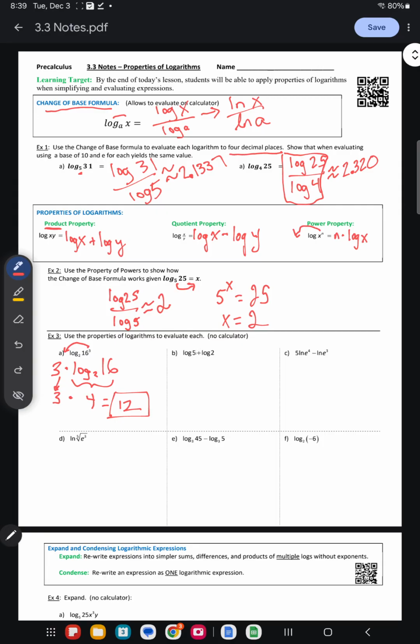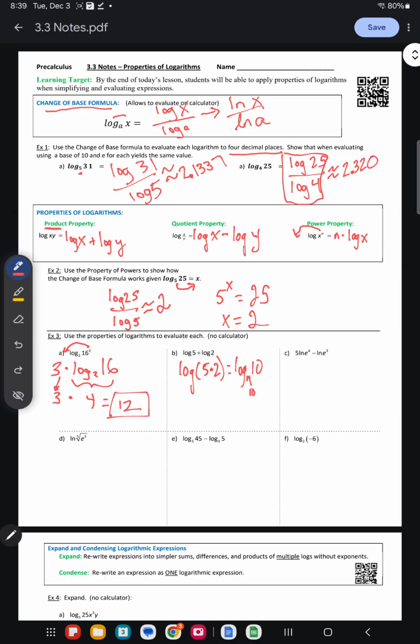Okay, the next one here, we have log 5 plus log 2. So this plus means we're going to combine them. And also notice what the base is. The bases are 10. So our property tells us that we can do 5 times 2. And we know that 5 times 2 is 10. And then what is our base here? The hidden base is also 10.